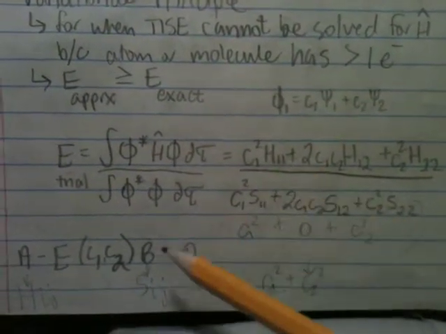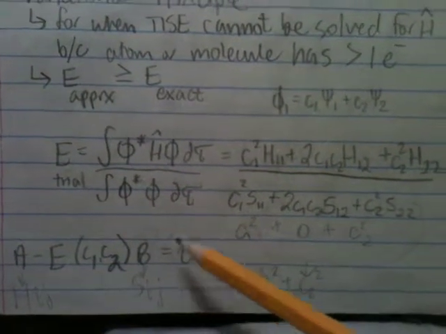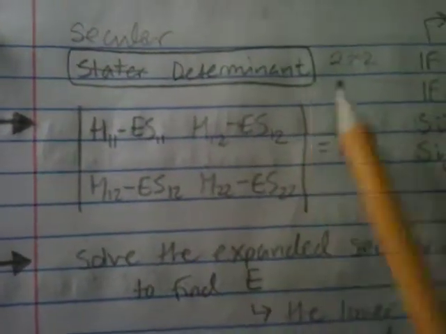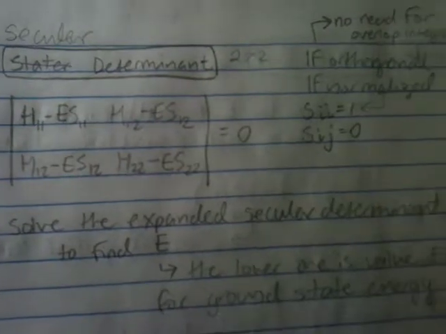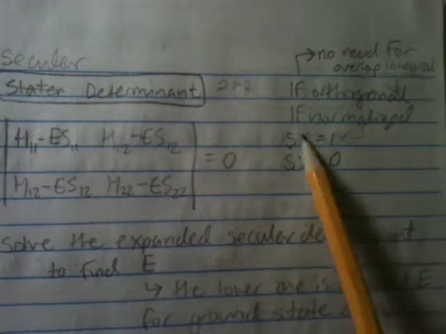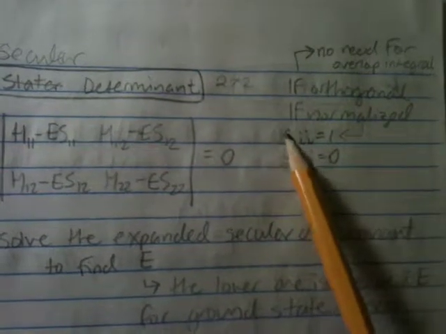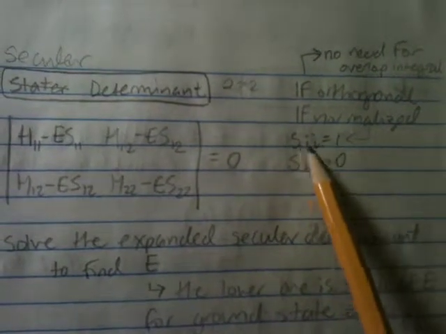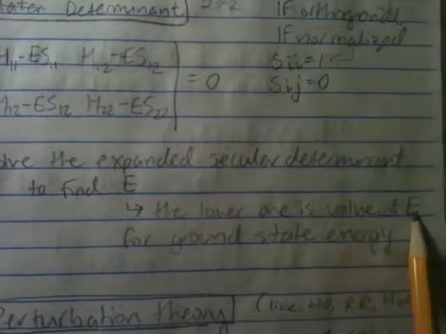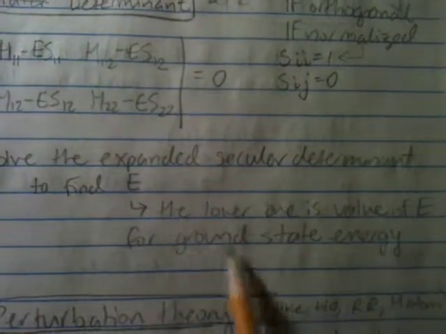You want to expand this into a 2x2 secular determinant, where your overlap integral will just simplify to 1 and 0 for these conditions. Solve the expanded determinant for the energy that gives you the lowest value of E, your ground state energy.